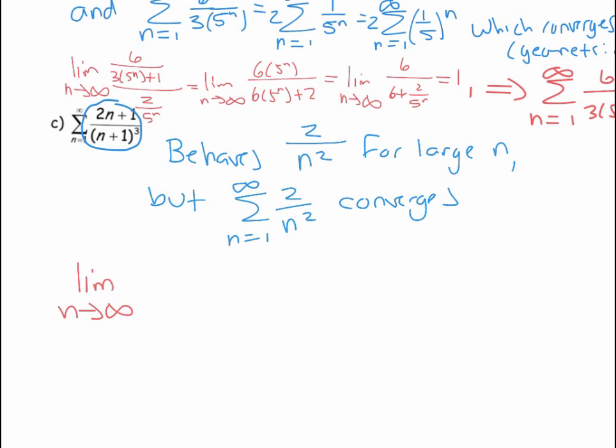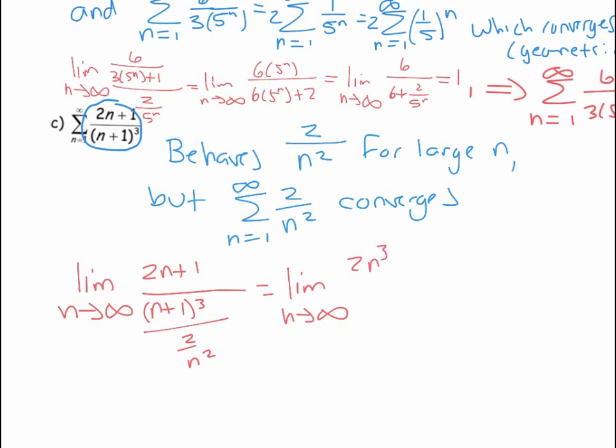To actually prove it, we simply show the limit. So this ends up being, multiplying by the reciprocal, 2n cubed plus n squared divided by 2 times n plus 1 cubed.